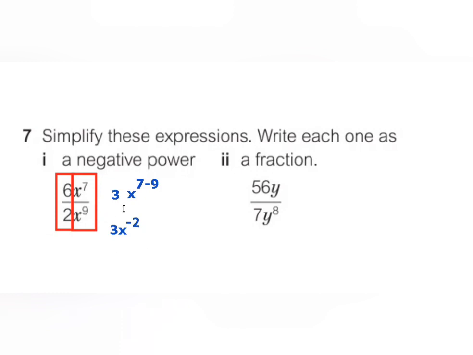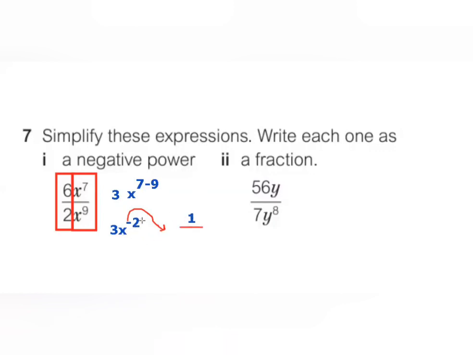Now, if we want to turn this into a fraction, we understand that 3 is multiplied by x power of negative 2. It means we can turn the x power of negative 2 into a fraction, as we learned before. Because we understand before that a negative power means what? It means 1 over, like this. We studied this before, that the negative power means a numerator of 1 over.